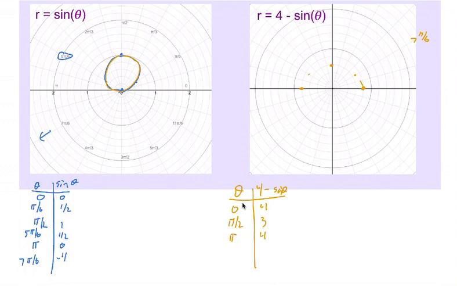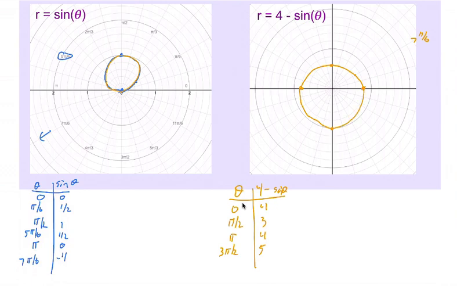And you can see it's not quite a circle because it's a little bit flatter on top. I didn't draw that so well. But if we keep going to the bottom, so 3 pi over 2 heading through the third quadrant, now 4 minus the sine of 3 pi over 2 is 4 minus -1. That gets as big as 5. So you'll see that it's not really going to be a circle because it's kind of bottom heavy.